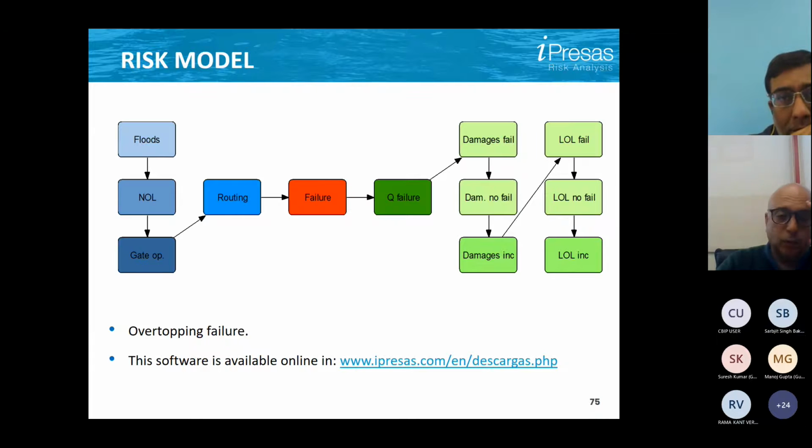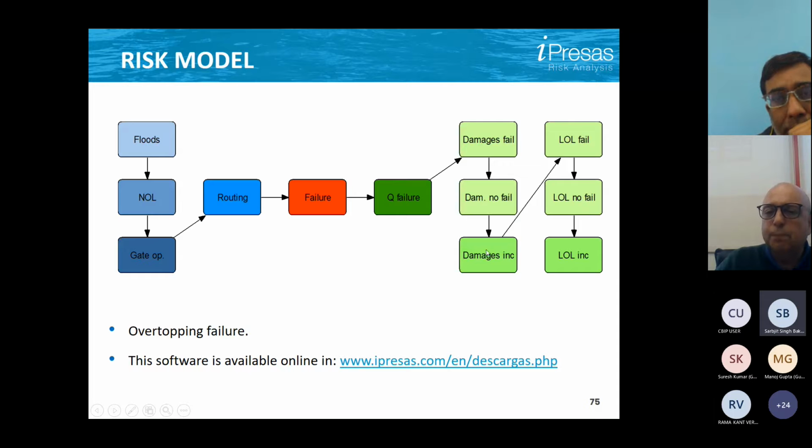We will ask the software to create a model in which we only care about overtopping failure. So we need floods, normal operating level, how reliable the gates are and how many gates we have, the flood routing, a fragility curve, and a break hydrograph with damages, economic damages, and loss of life.